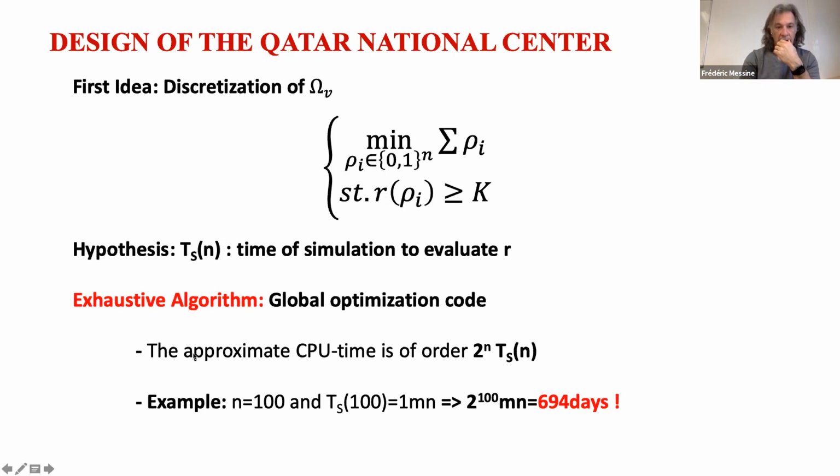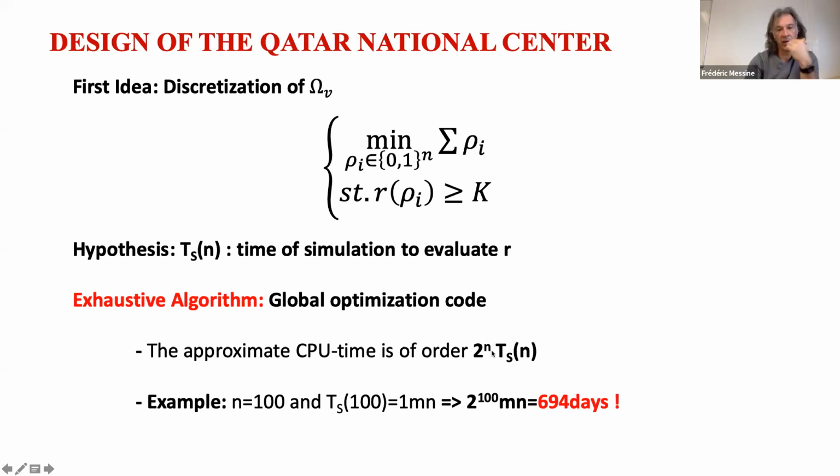So if you want to test all the possible solutions, you will need 2 exponent n times TS to solve this kind of problem. It's a kind of order. Maybe it's a bit more, because you also have to make some comparisons, but the comparison for a computer is nothing. You also have to compute this sum, but compared to the computation time used to solve the rigidity problem, it's nothing.